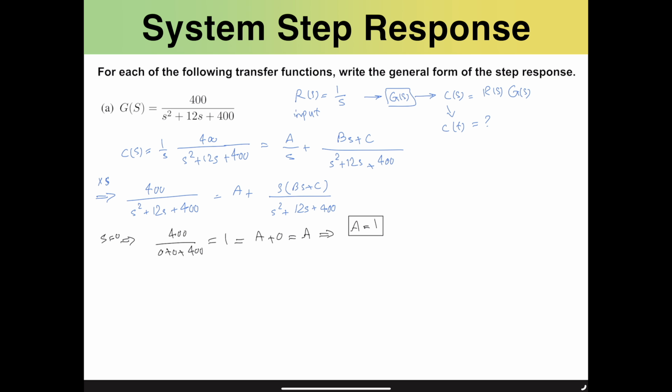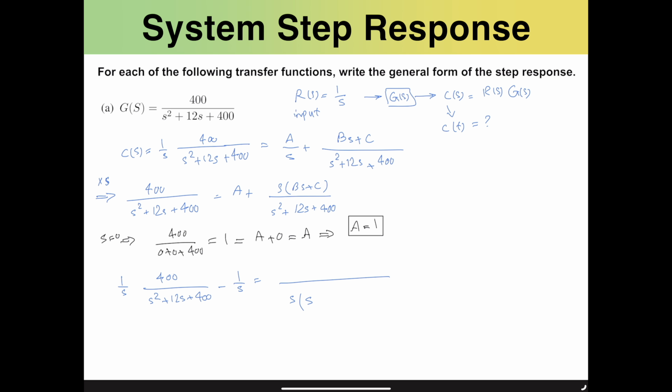So let's do that really quick. Essentially, it means that 1 over s times 400 divided by s squared plus 12s plus 400, minus 1 over s. I'm moving this to the other side of the equation. Let me simplify this first. In order to do that, we need to just take the common factor here.